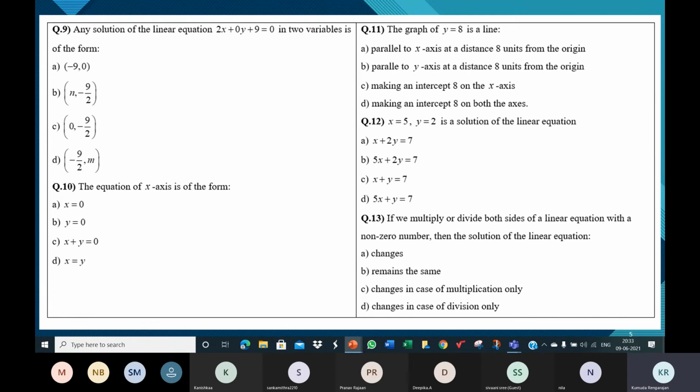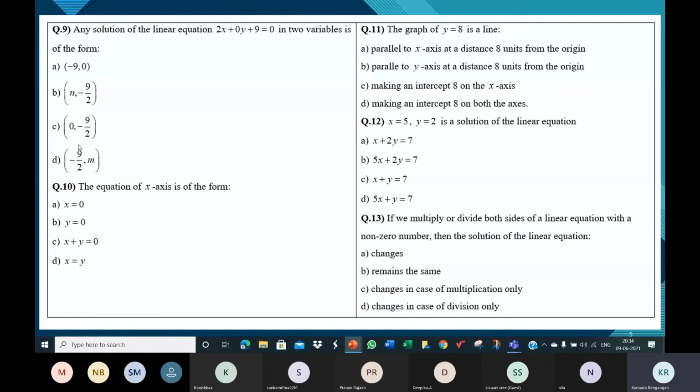Or 0x plus y is equal to minus 9 by 2, then you can bring everything to the side, LCM and all that. But that's what I asked you: the very simple way, how do you express this? Option D means x is equal to minus 9 by 2, because x is always minus 9 by 2 for any value of y.